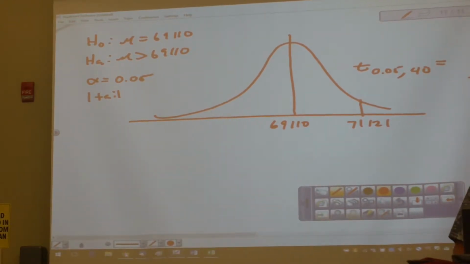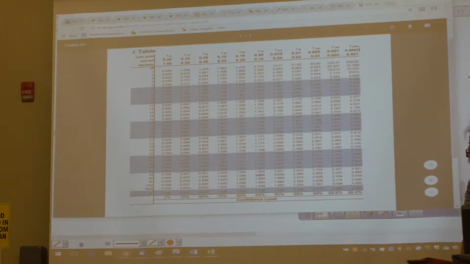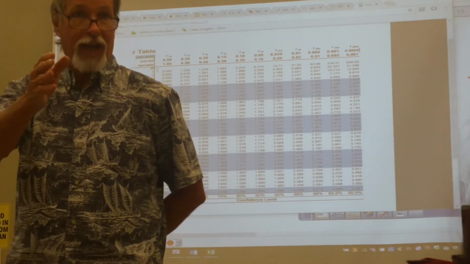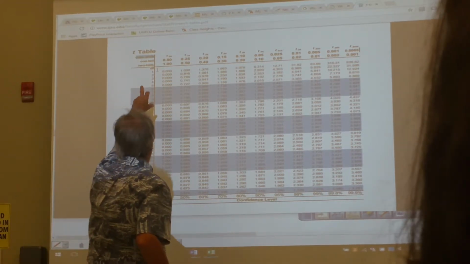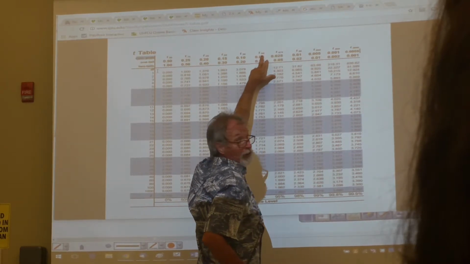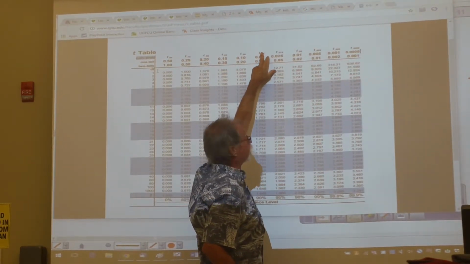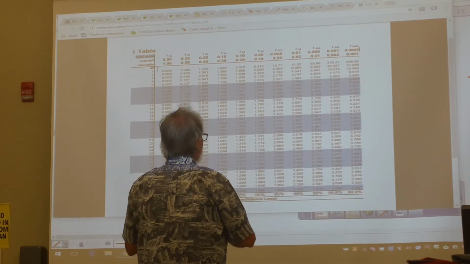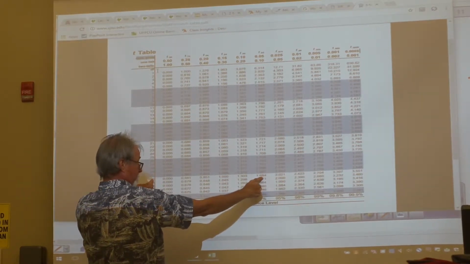When I'm looking at my t-table, it says cumulative probability, so I want to work with the 0.95, not the 0.05. But down here it talks about my alpha of one tail. Under 0.95 it says one tail, and it's got my 0.05. So it gives me both values. I'm going to use this column and come down to the degrees of freedom, 40, and I get 1.684.